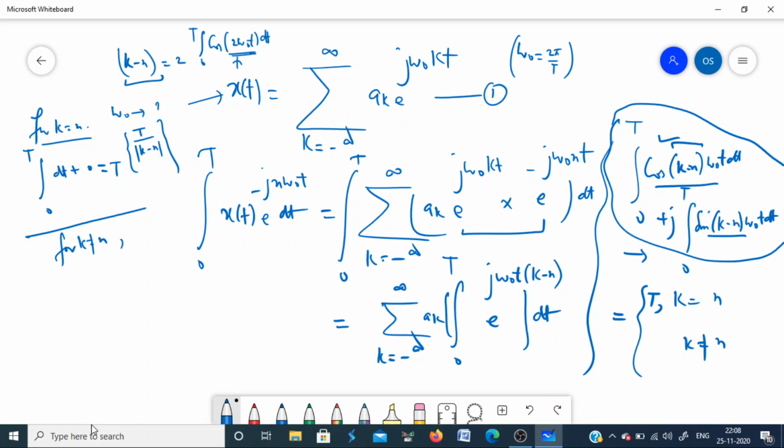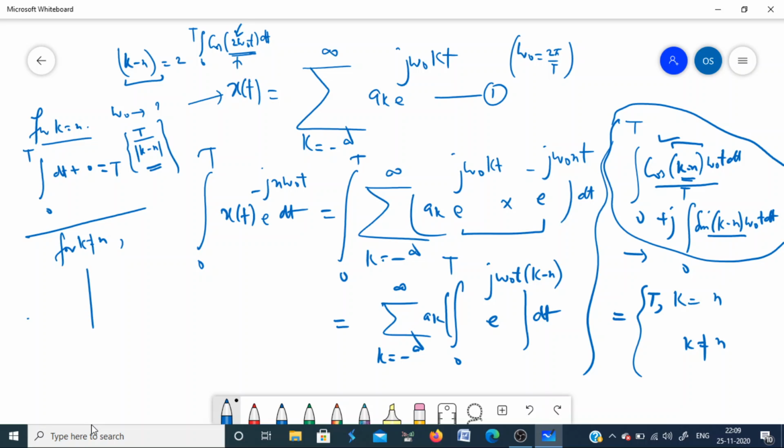But if it is negative, cos of minus x will become cos x, and sine of minus x will become minus sine x. Anyhow, for the time period you have to take the magnitude of k minus n. So the time period is reduced by a factor of k minus n, like in this case it becomes half.